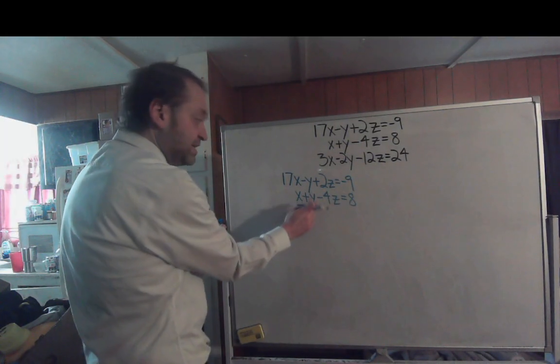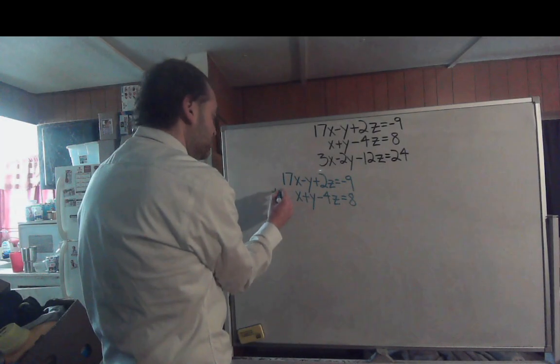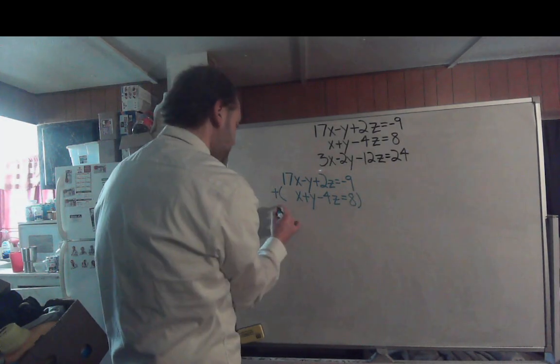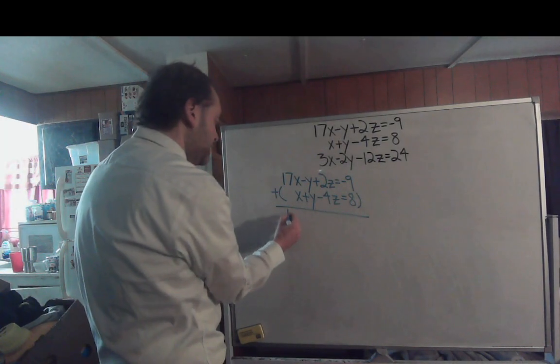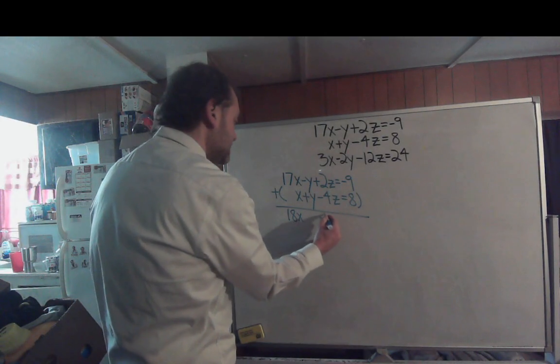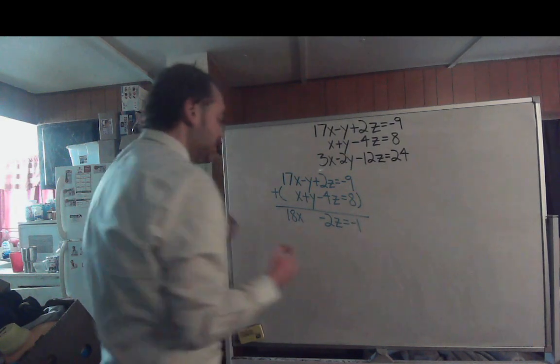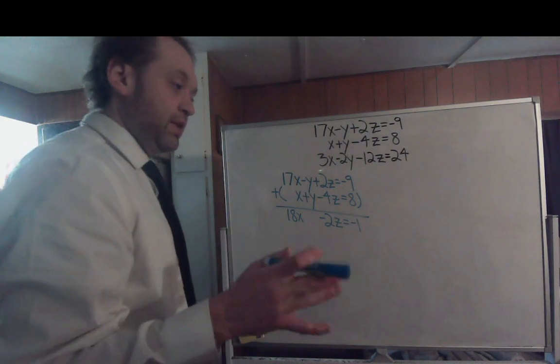Notice if I add these two together, I'll eliminate the y variable. You end up with 18x, the y's go, minus 2z equals negative 1. Right? You have that.